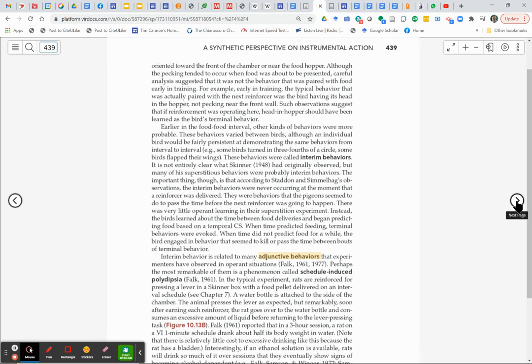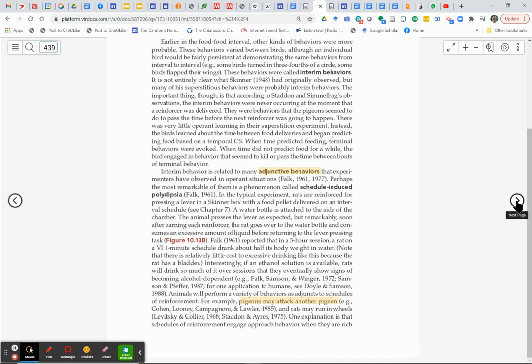Adjunctive behaviors, I became pretty fascinated with this. Schedule-induced polydipsia. This really intrigued me. So animals working for food pellets, if you gave them unlimited access to water, they drank a lot. And you may see this in your studying behavior.